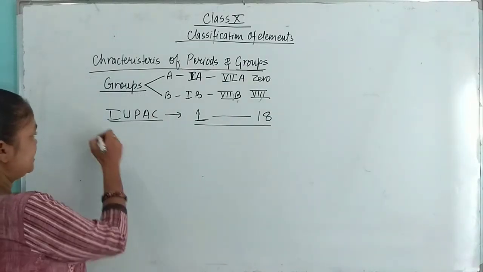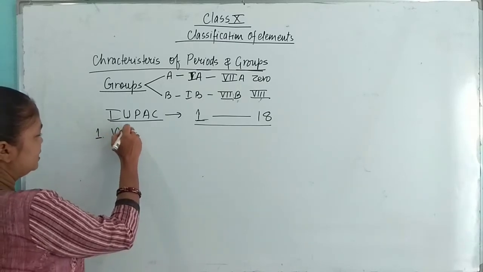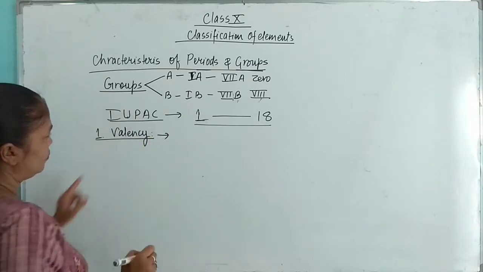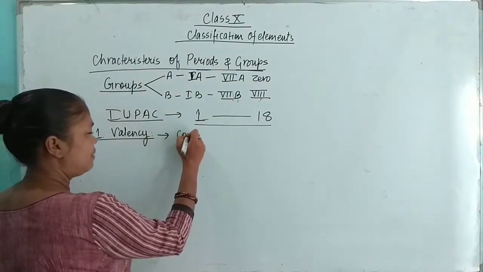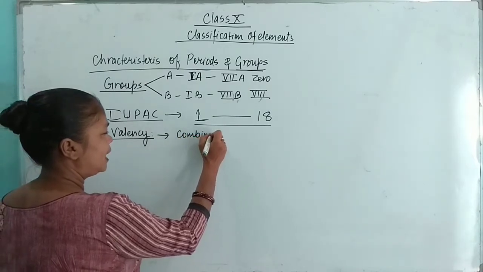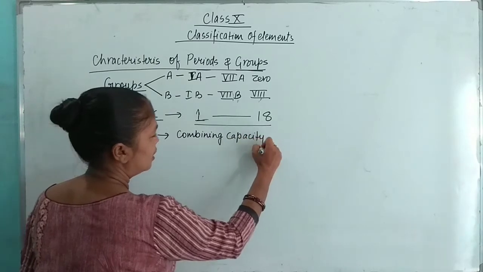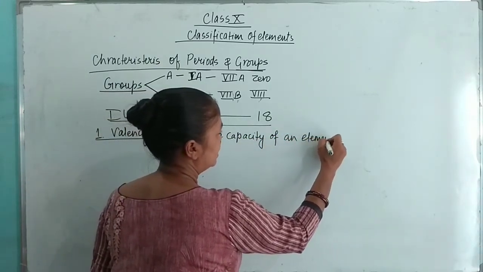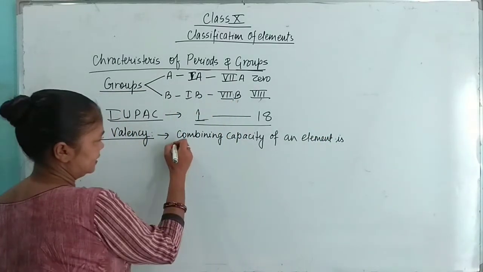Now the first property, the valency. Valency, that is the combining capacity of an element, is called its valency.